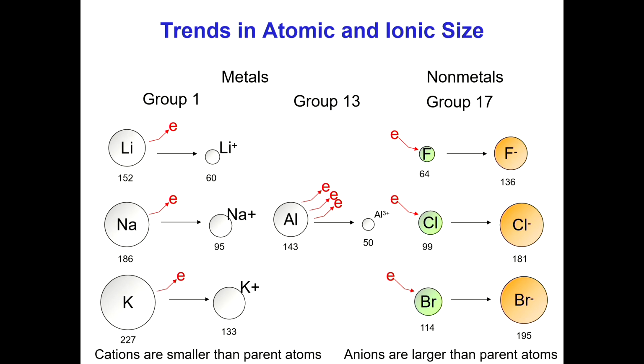So here we can see when the 1A group metals lose electrons, they become small. But when they get electrons, the layers of the orbitals don't change. But when here has more electrons, the repulsions increase, so they will become bigger.